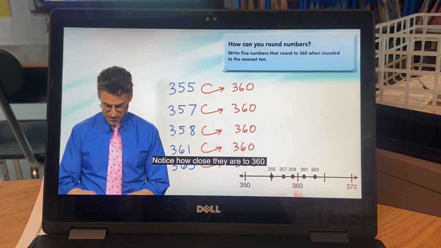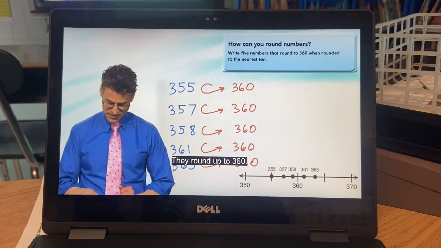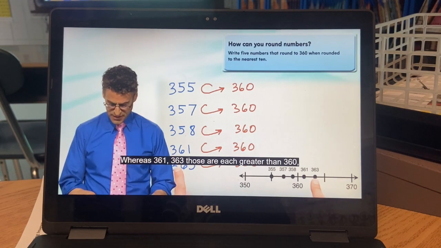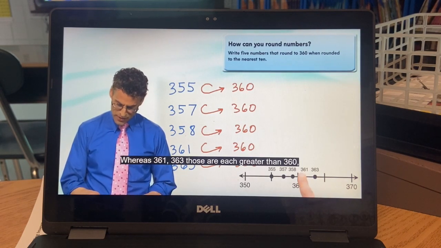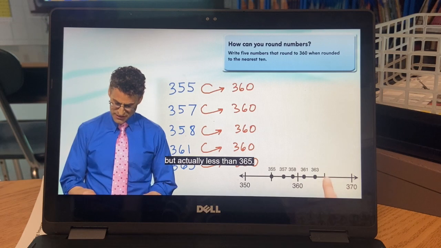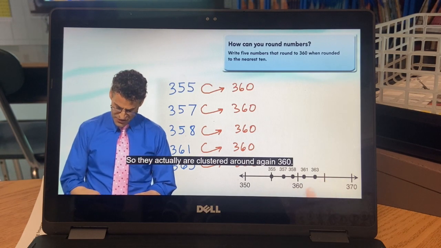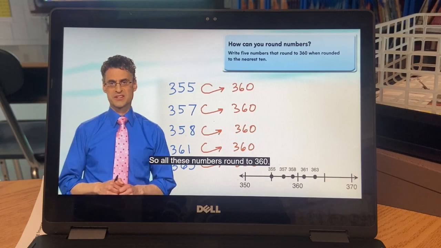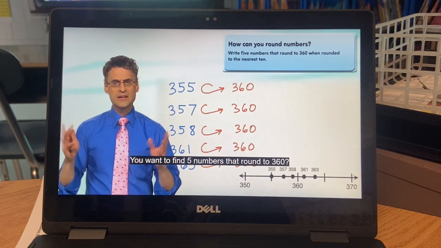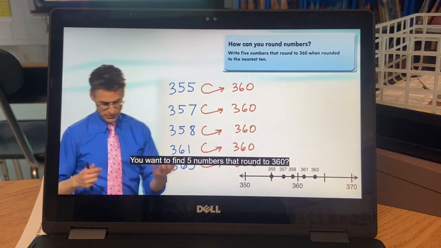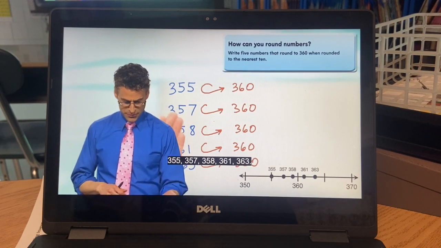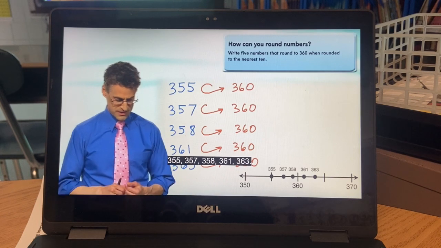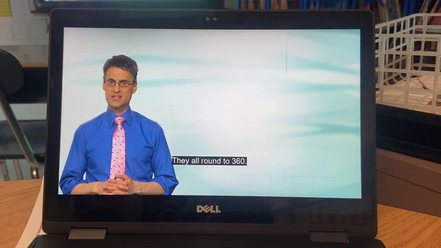Notice how close they are to 360, so they round to 360, whereas 361 and 363 are each greater than 360 but less than 365, so they are clustered around 360, so all these numbers round to 360. You want to find 5 numbers that round to 360? We've got them: 355, 357, 358, 361, 363. They all round to 360.